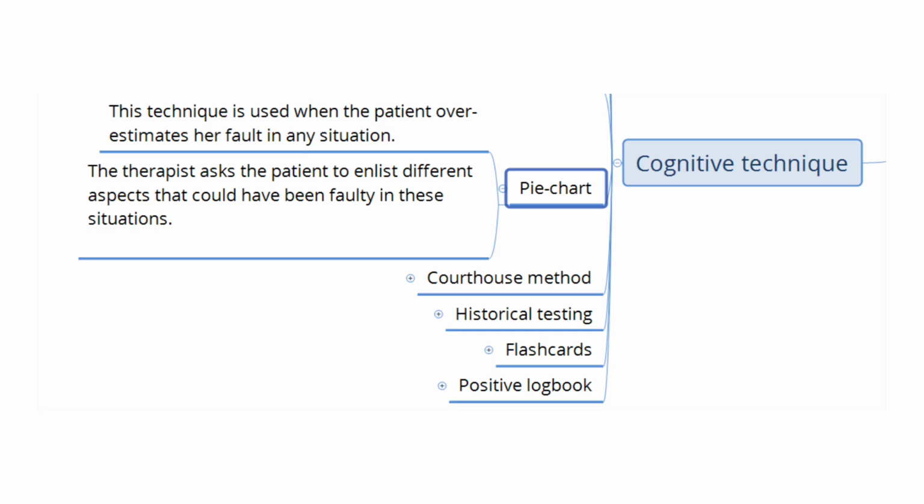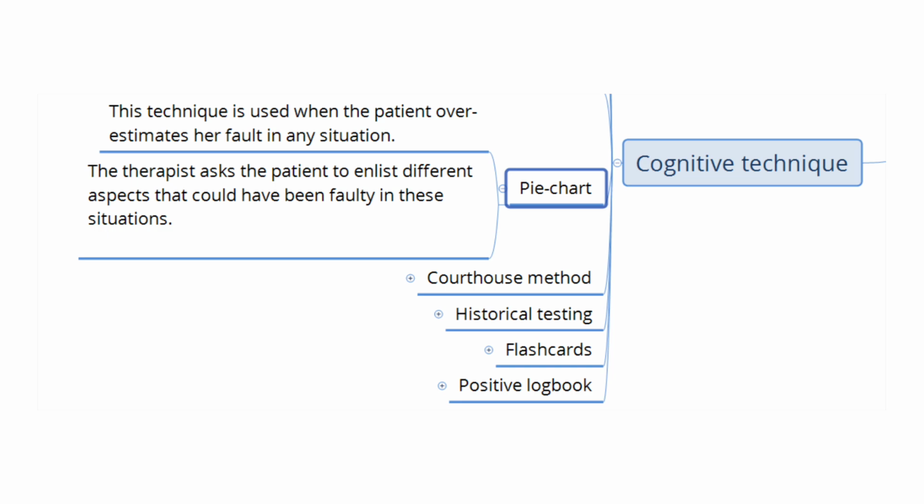This technique is used when the patient overestimates her own part or her fault in any situation. The therapist asks the patient to list different situations and what aspects could have been faulty in these situations. The therapist then asks her to assign the person or the aspect the blame in the situation.